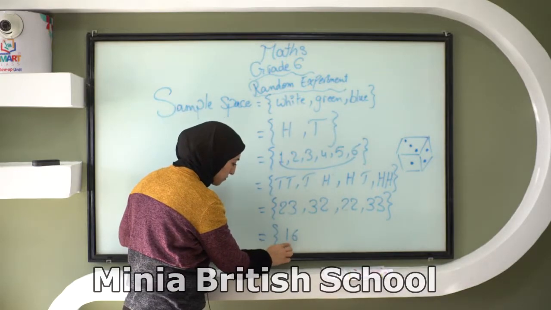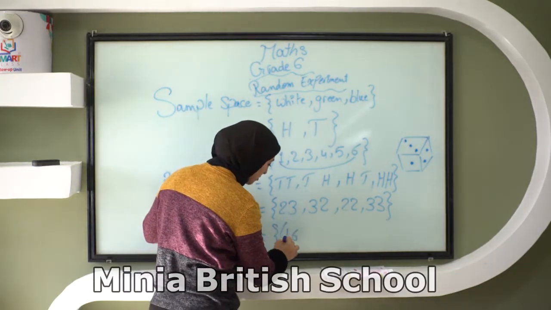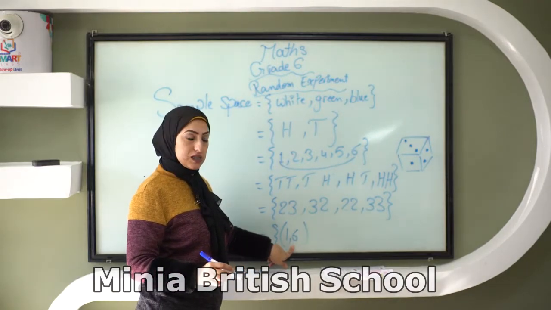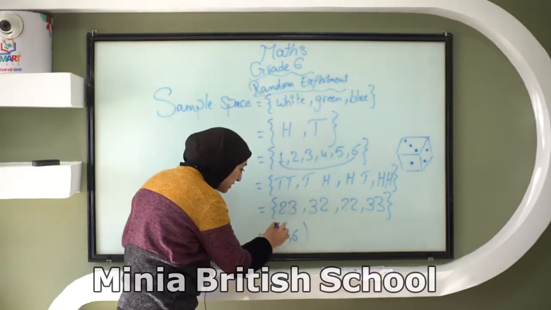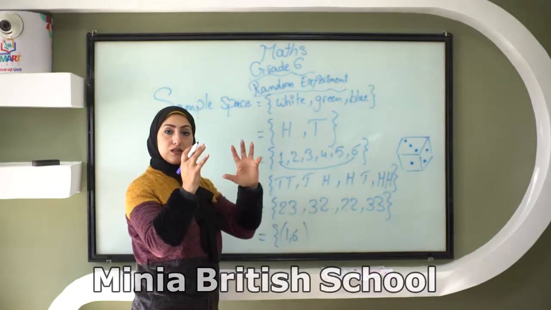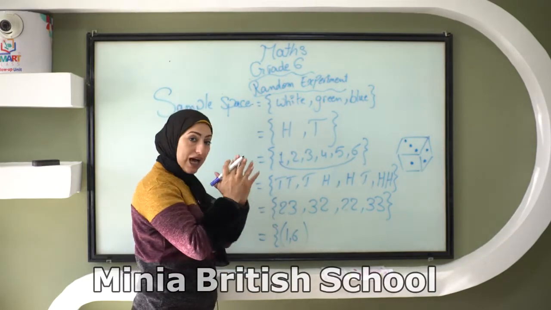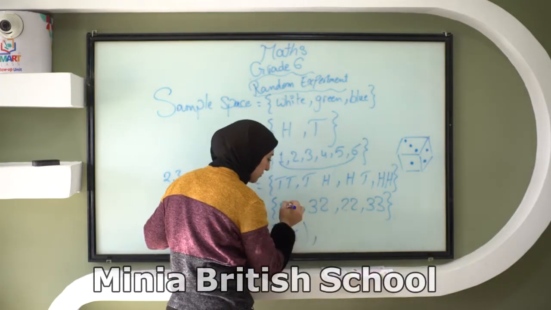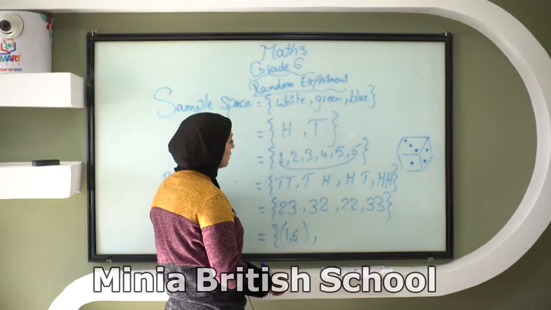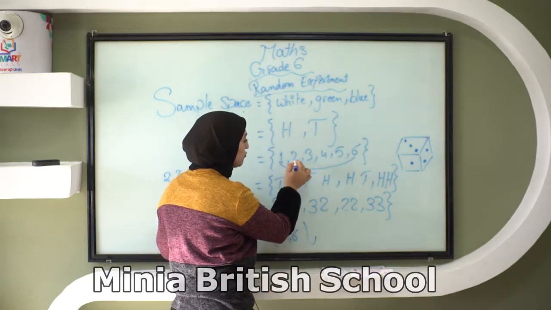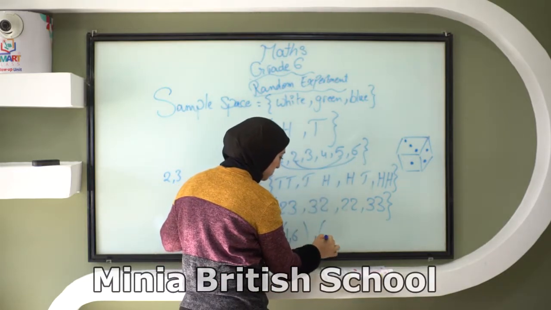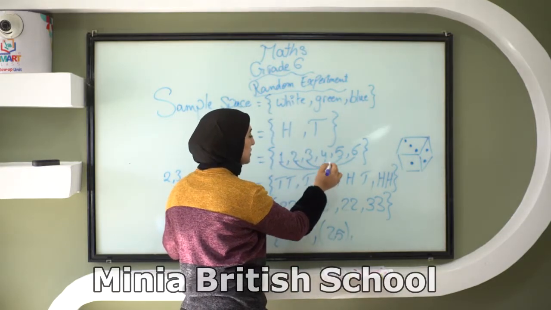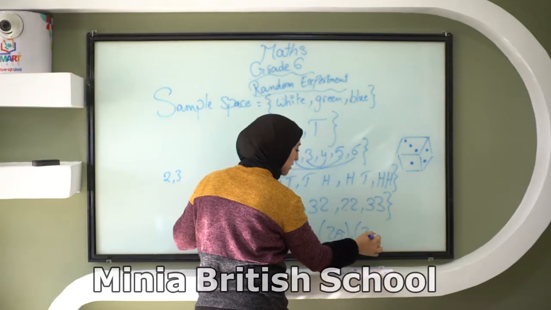So I put them between brackets like this to know that this is one element. 1 and 6, comma, to write the next element: 2 and 5, then 3 and 4.